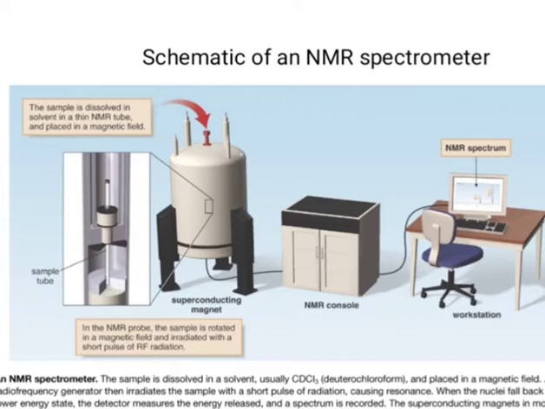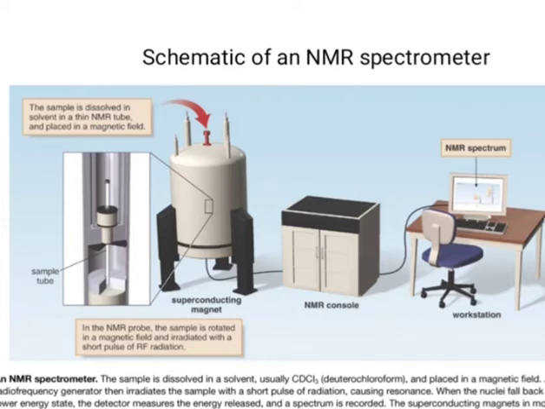So it becomes a solution, and the solvent used is CDCl3 for dissolution of the sample. So this is the first step. Then here is a superconducting magnet in which the magnetic field is applied.